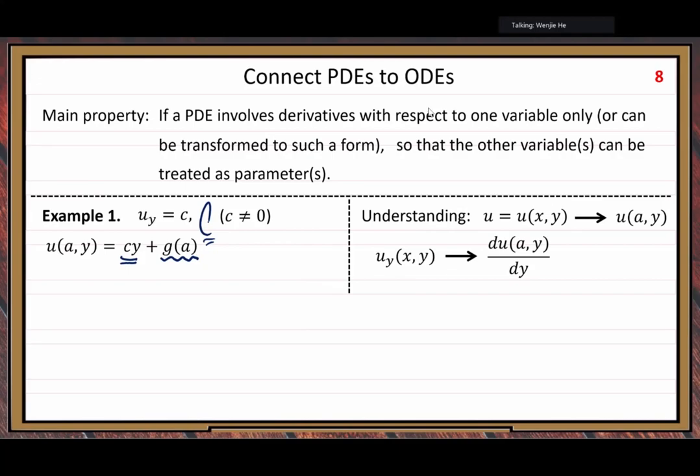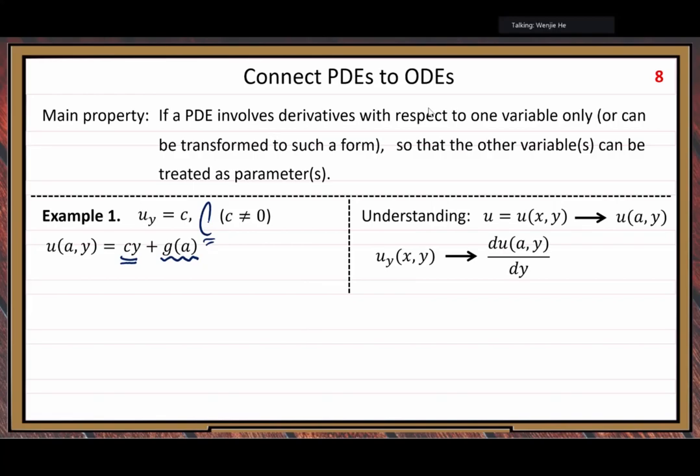That's the different part. So we need to adapt to the partial derivative case. So here we use a general g function, any function. Here, g is an arbitrary function of a, and can be treated as a constant here.